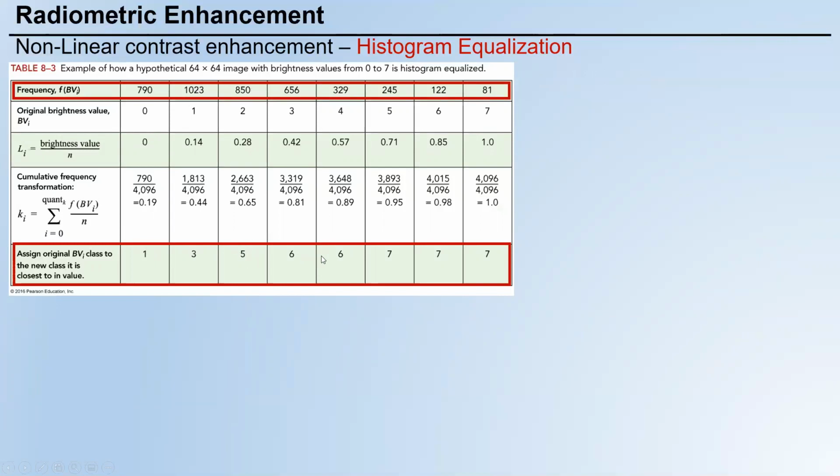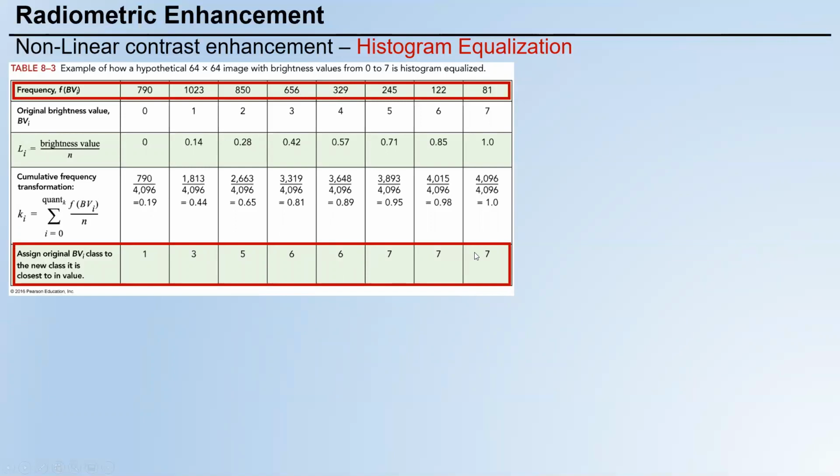How about class 6? Class 6 has this number of pixels. You need to make sure that these 656 pixels and 329 pixels are all having a value of 6.